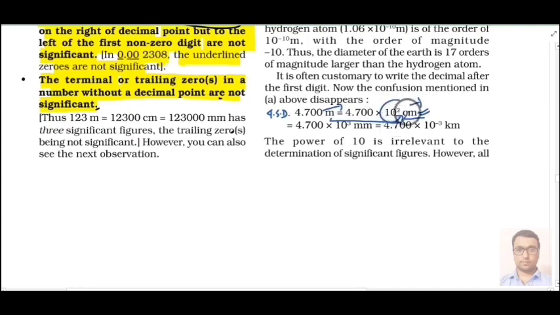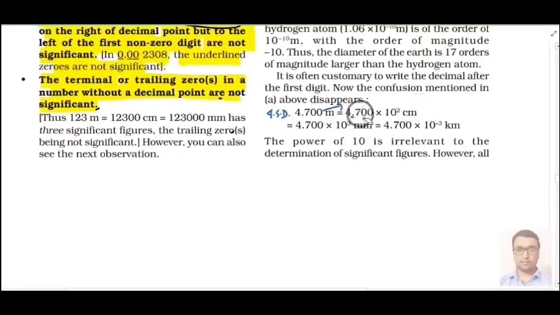So this 10 raised to the power 2 will not be treated as significant digits. We have to see only these 4 numbers. Because we have a decimal, these trailing zeros or terminal zeros will be counted in significant digits.